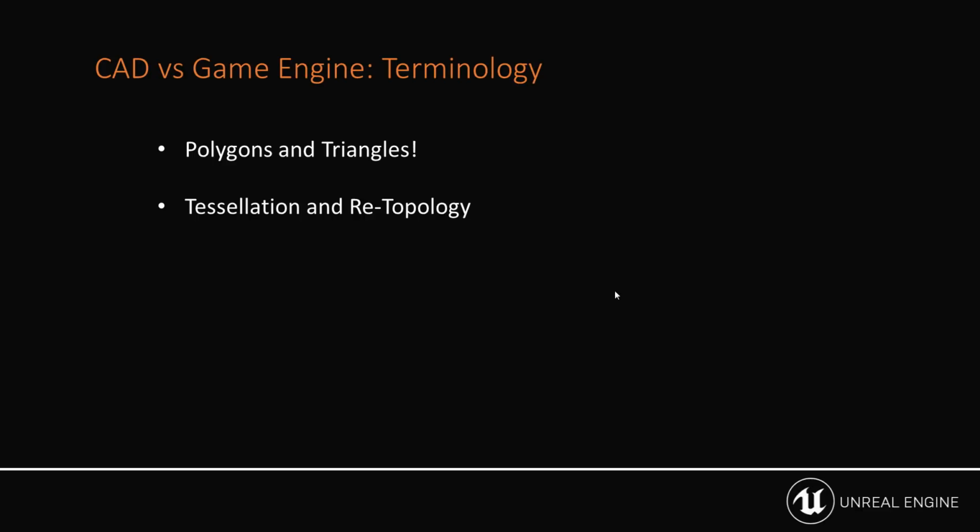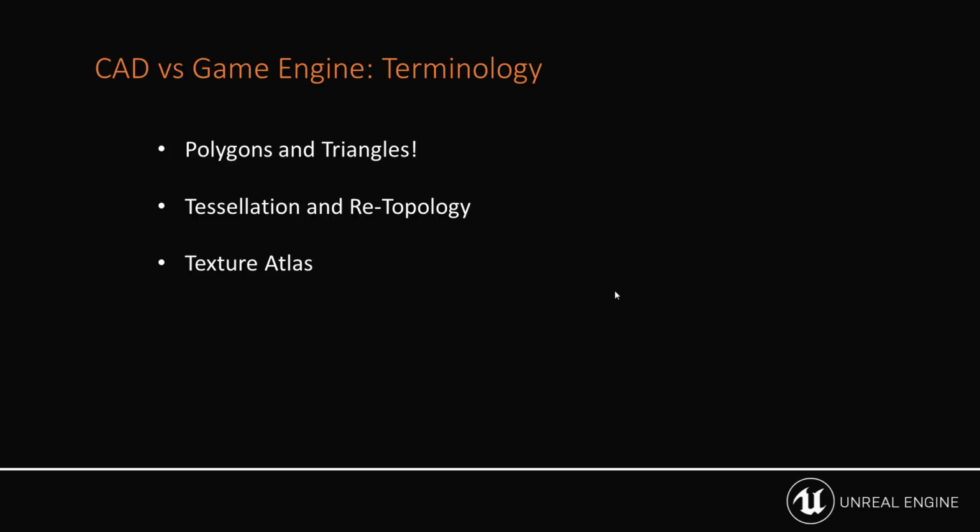And retopology is an area where those tool sets can come in handy to help with problem areas that may not translate well from the CAD world into the 3D world. Now, things are changing so rapidly that we're starting to see this gap close between the CAD world and the 3D content creation world. I think we're going to see that become easier and easier as things progress, especially here with Datasmith.